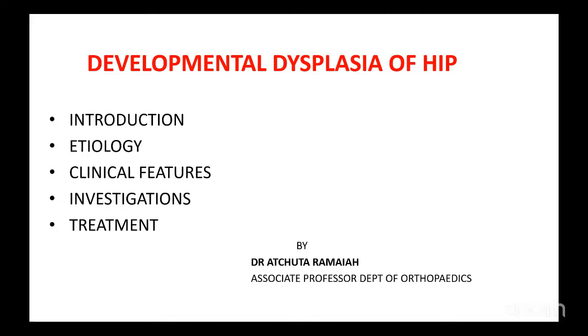So again, briefly, I would like to tell about DDH. Previously it was called CDH, congenital dysplasia of hip, but now it is termed developmental dysplasia of hip. So we are briefly going through the very same method: introduction, etiology, clinical features, investigations, and treatment.